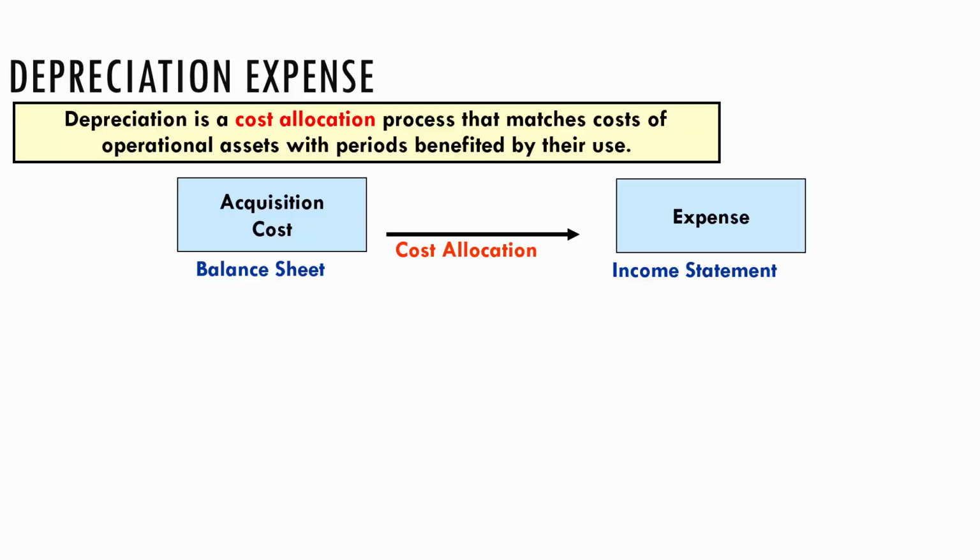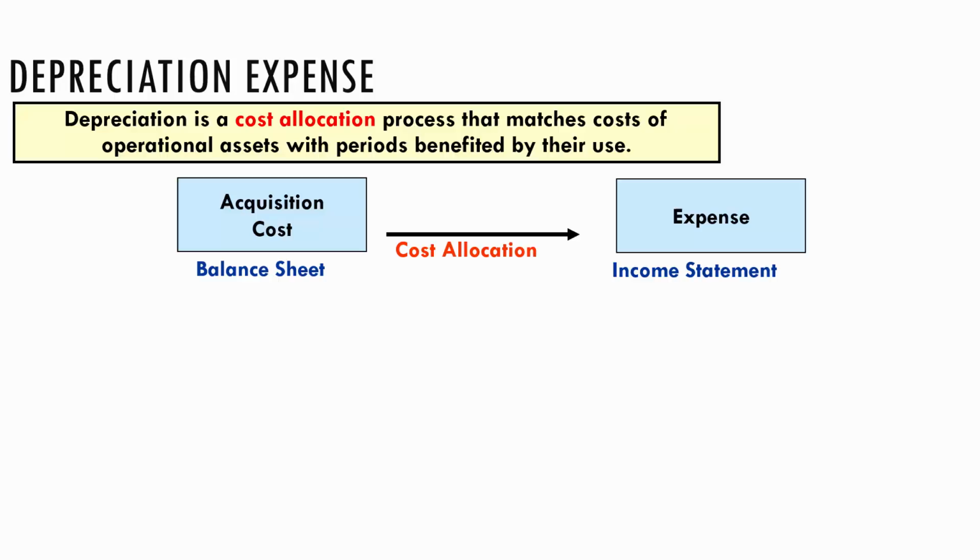And we're also trying to systematically reduce the value of the fleet of trucks, so the reader is not going to look at the balance sheet and think, well, this means they've got a lot of new vehicles, because it would be fraudulent for us to show our balance sheet as if those trucks were all new when they are 5 years old. So we're accomplishing two things. We're getting the balance sheet to a more reasonable state, and we are allocating the cost to the income statement.